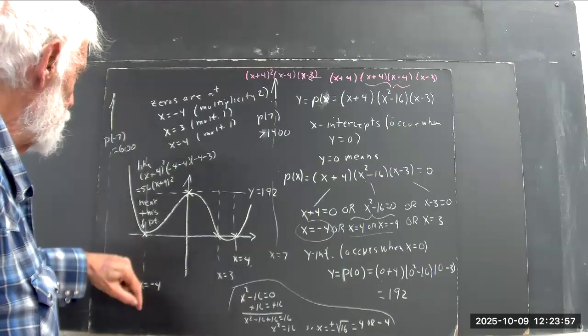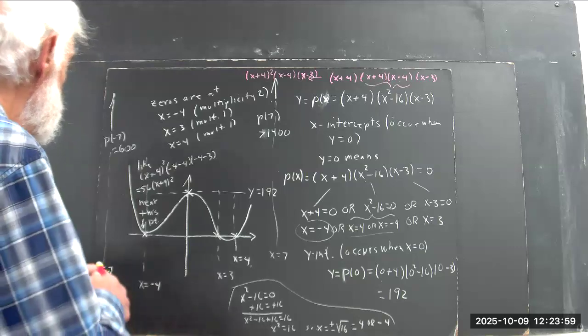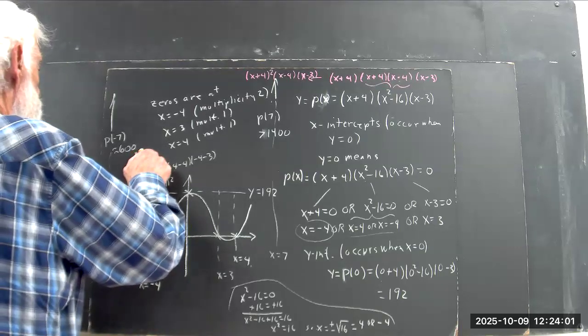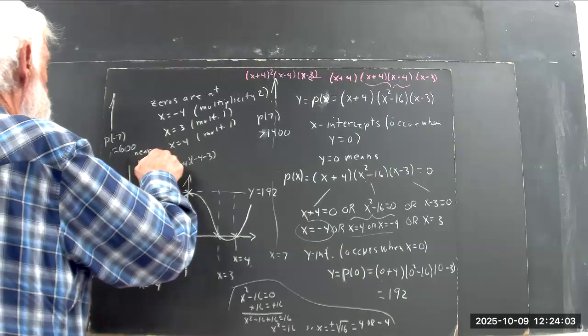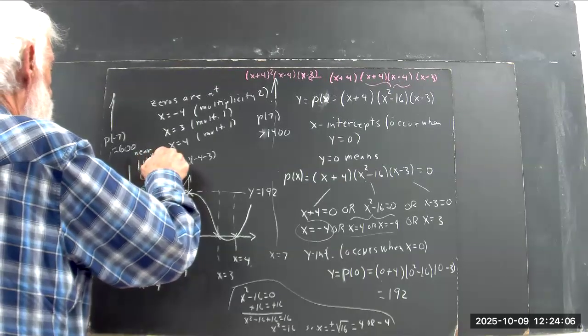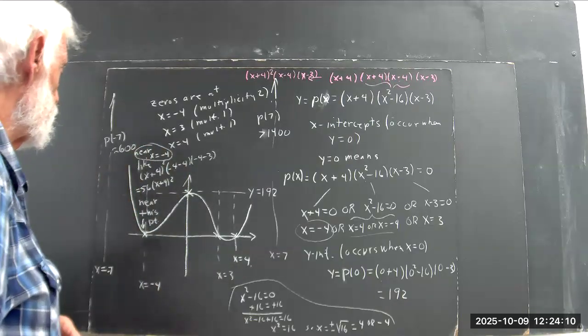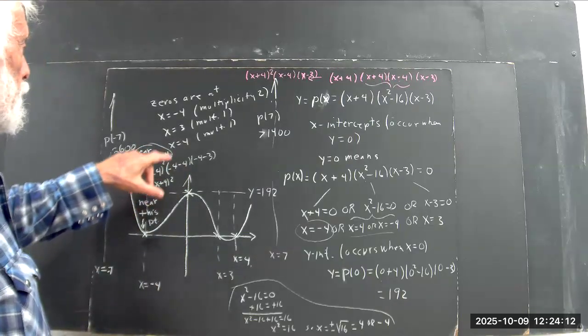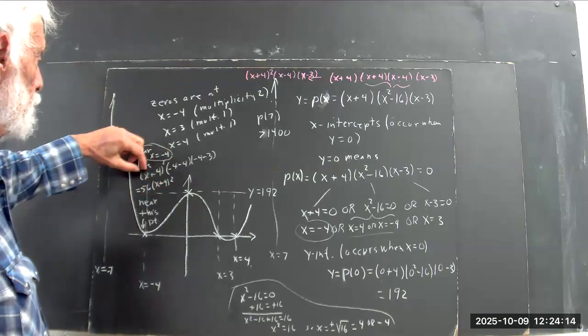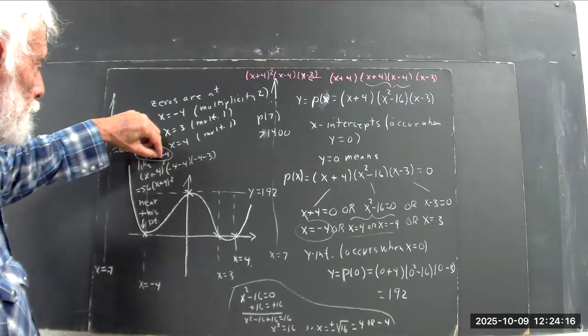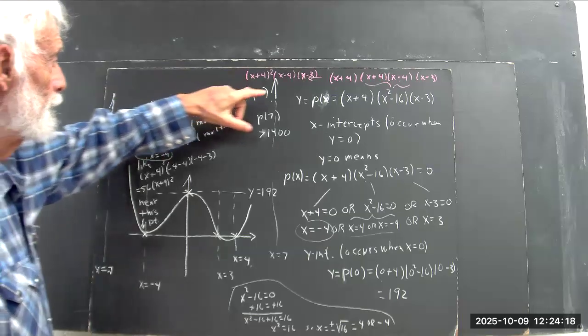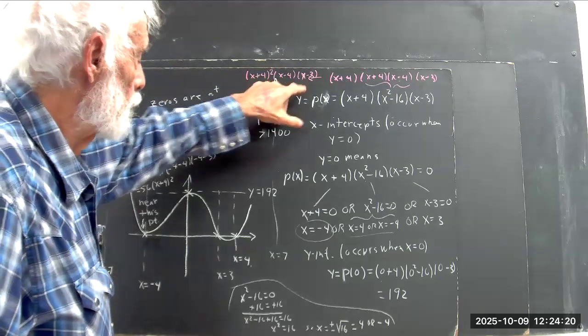because near x equals negative 4, this function is close to x plus 4 squared times, well, just substitute negative 4 for these x's.